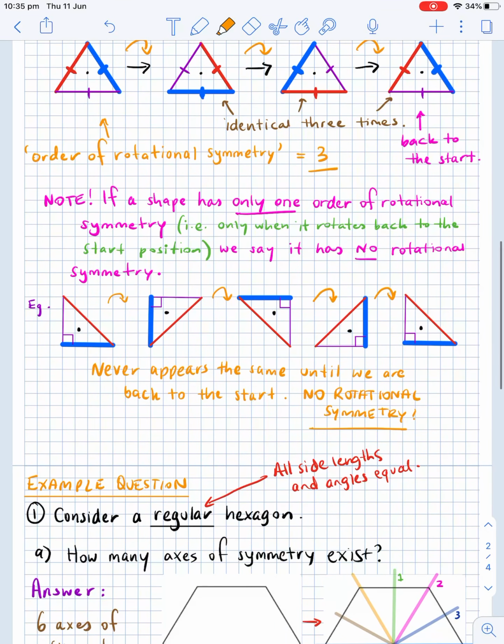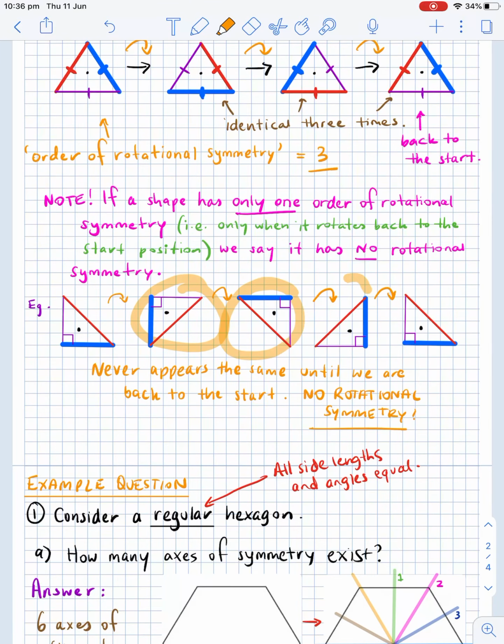An example of this is this right angle triangle here. As we rotate it, it never looks the same until you've done the full 360 degree rotation. So it technically only looks the same once, and where it's only once, we say that it has no rotational symmetry.